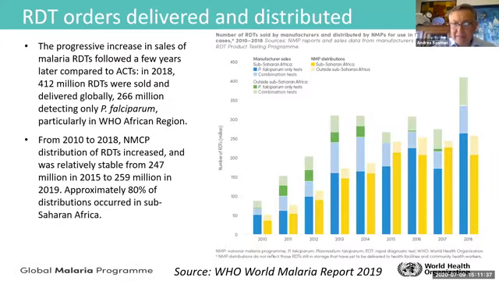And this is what is happening in terms of big orders. These are, let's say, the latest figures of sales. These are the P. falciparum only tests sold in Africa, and these are the combo tests sold in Africa. This is from the manufacturer selling data. This is outside Africa.